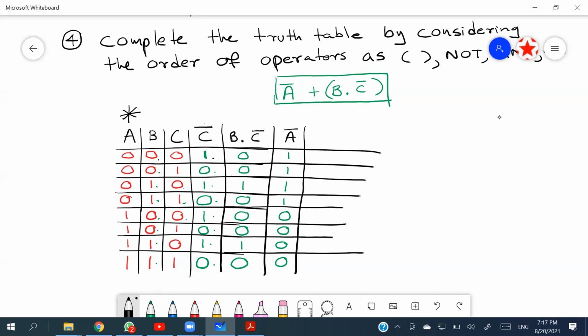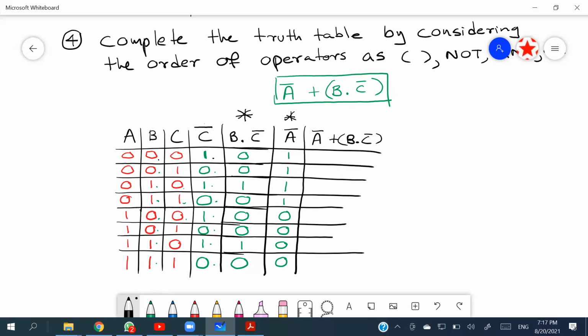So now you need to create the final answer, which is A bar plus B dot C bar. That means you are going to deal with this column and this column. Then you need to add those things together. Yes, Dilni, right?